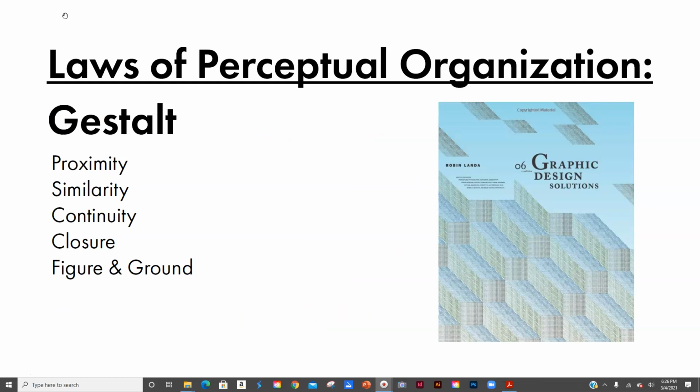And lastly, remember, there are, depending on where you look, different principles of Gestalt. I did a summary of these principles based on Chapter 2, page 29 of Graphic Design Solutions by Robin Landa.